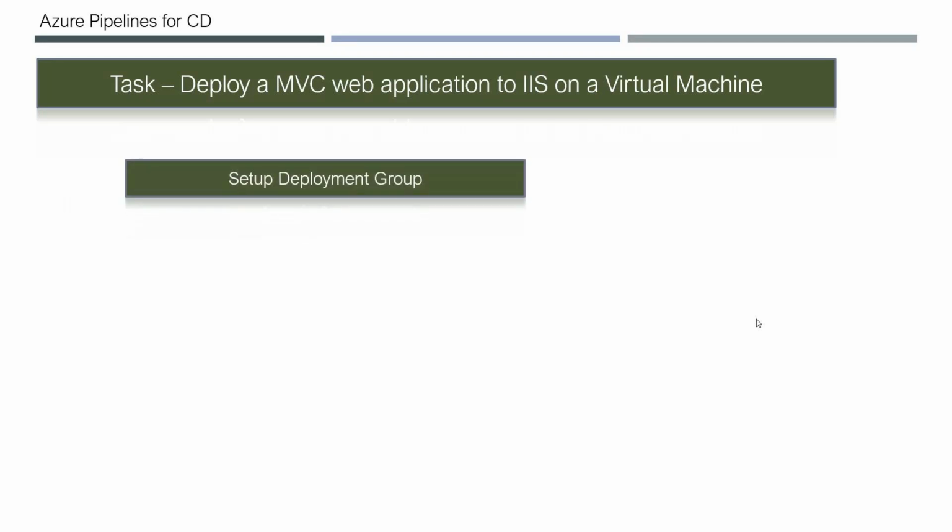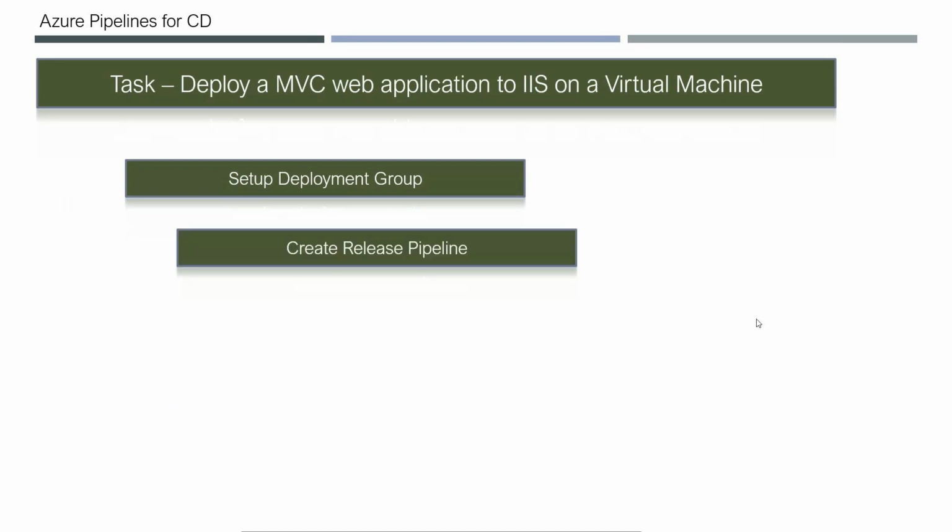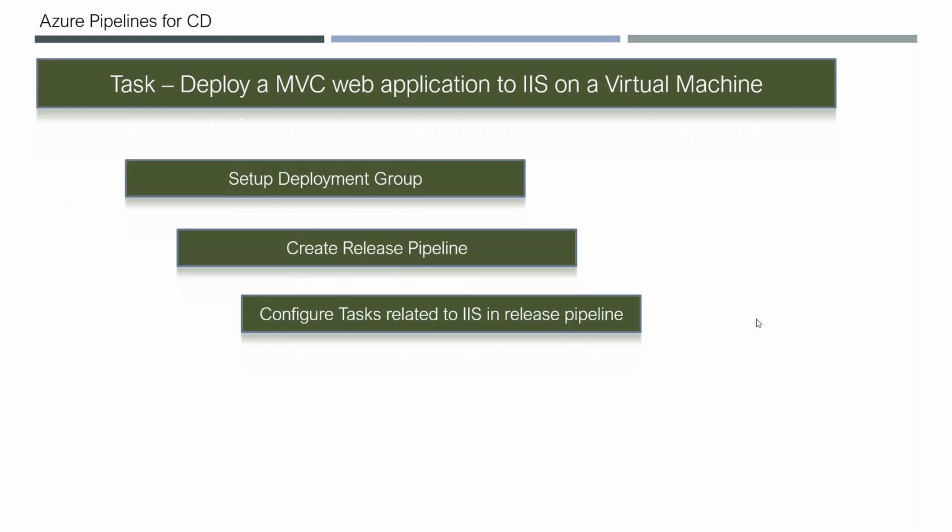For that, we will do some activities like deployment groups, release pipelines, and some configuration. And we will configure some tasks. The way we configure tasks in CI pipeline, in the same way, we will have many tasks in a CD pipeline as well. So moving forward, I may use a word called continuous deployment or continuous delivery or CD pipeline or release pipeline, but all are same.